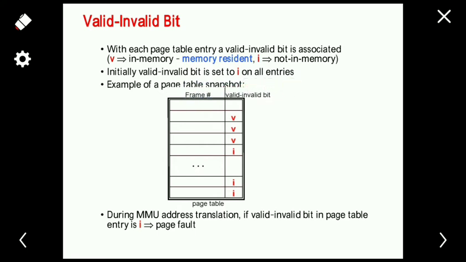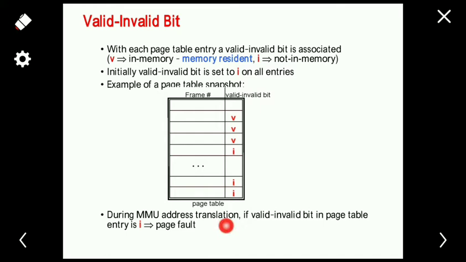An example of a page table snapshot is given here. During the memory management unit address translation, if the valid-invalid bit in the page table entry is I, then it is a page fault.